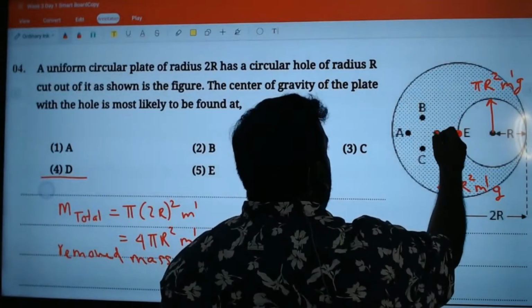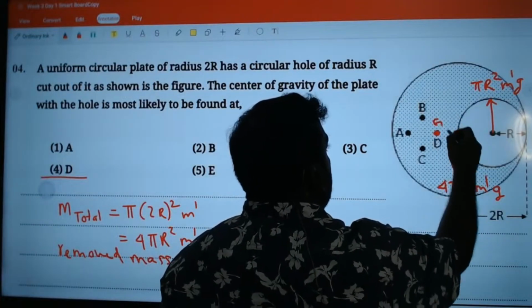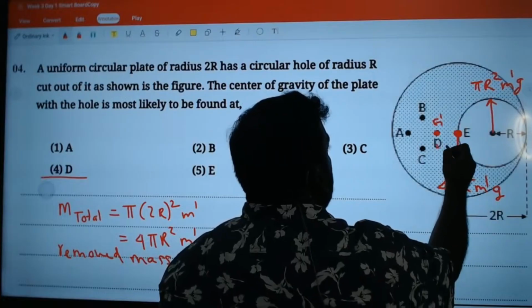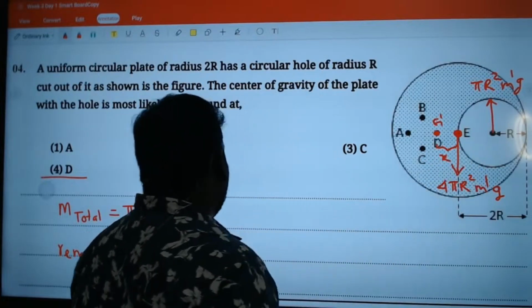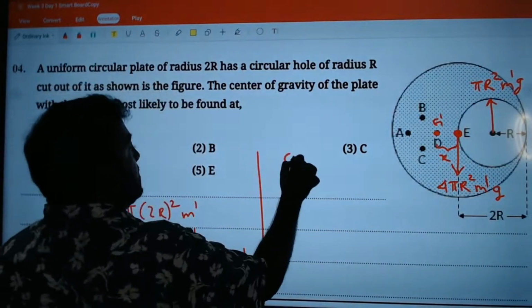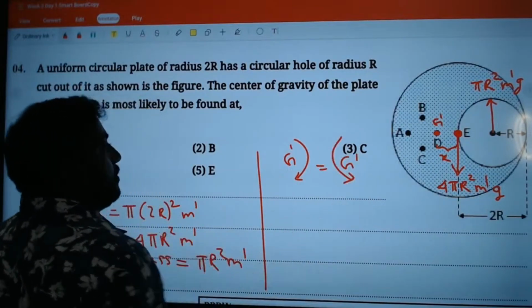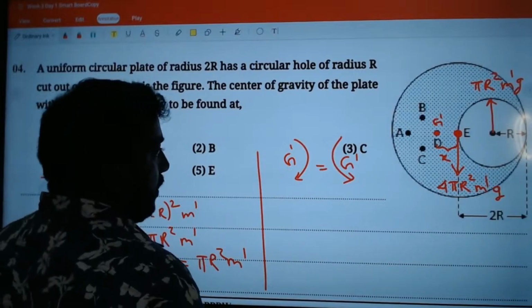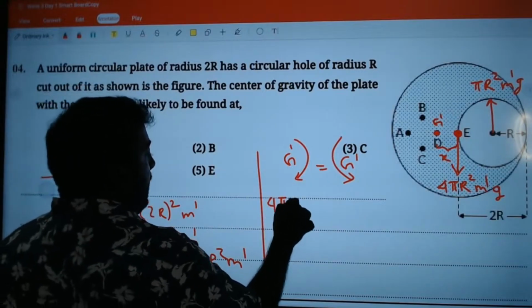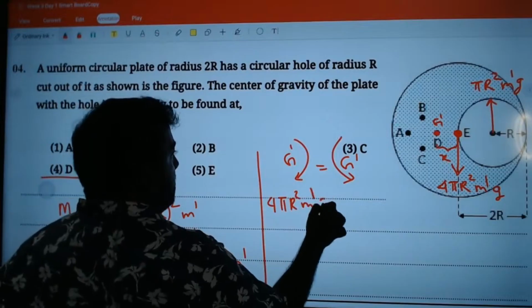So new center of gravity, I'll take it here as G dash. This distance we don't know. So take moments about G dash. Clockwise moments about G dash equals anti-clockwise moments about G dash. Clockwise moments: 4 pi r squared m dash g into x.